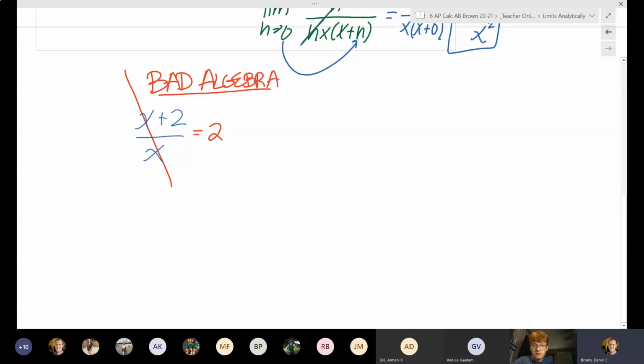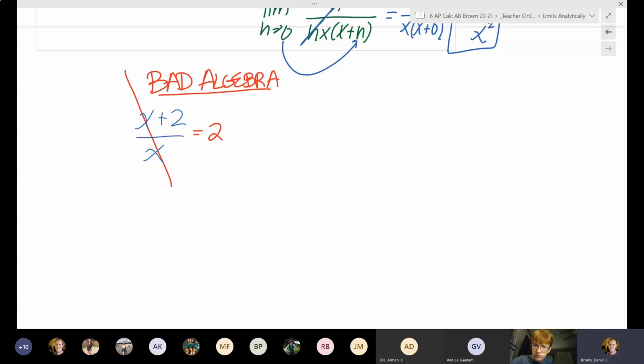And for the students who had me last year, I actually have a stamp that would show up on any quizzes or tests where if you use bad algebra, you would get that stamp. Can't really use it virtually, but in math, we cannot ever cancel across a plus or a minus sign.